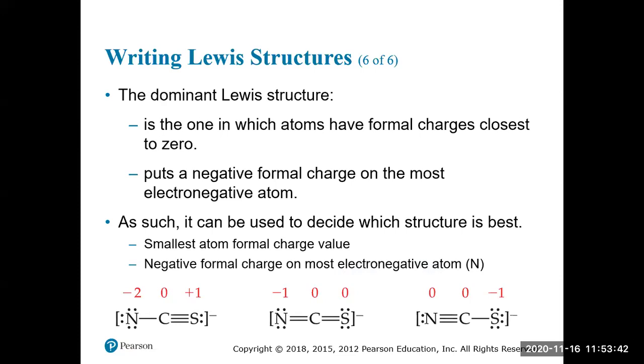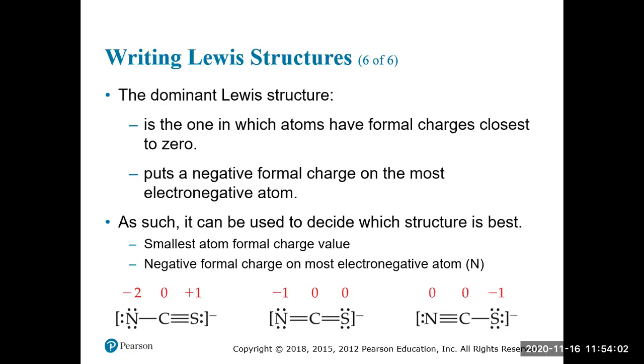The one thing to remember on this example, though, is notice that this is an ion, and so there's a negative charge associated with it. So in addition to those electrons, we have an extra electron because it's an anion.